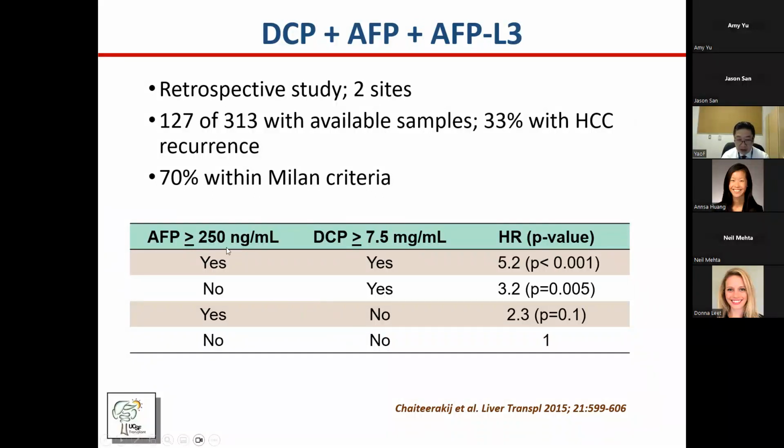You can see that those with high AFP, at least 200, and high DCP, at least 7.5, had the highest risk of tumor recurrence. And those with high DCP but low AFP using the same cutoff also had significantly higher risk of tumor recurrence.